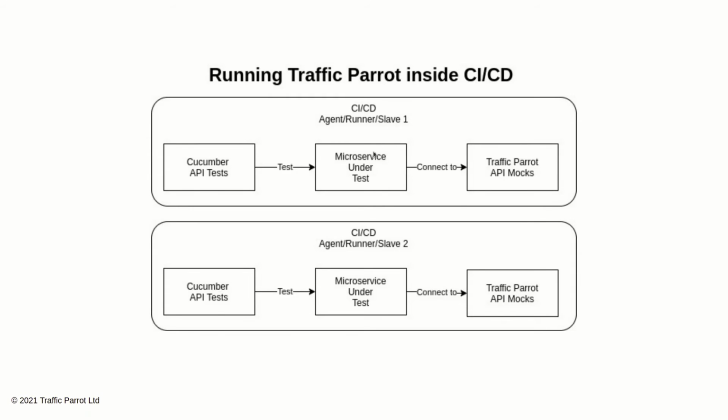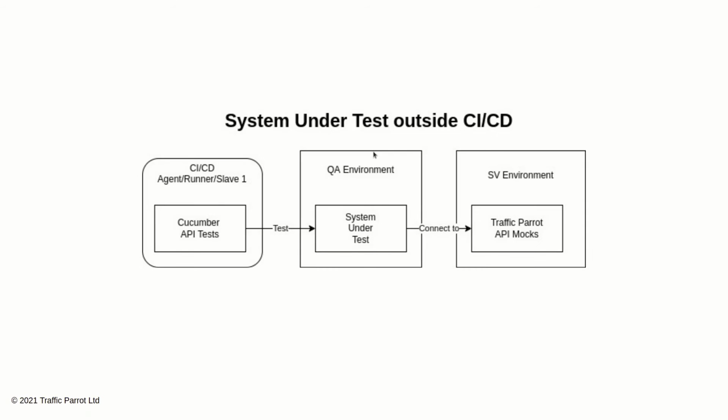But in some legacy environments, you're still going to have to run the system under test inside a shared environment. And it's not prepared to be run inside the agent or runner or slave for CI/CD. So in that case, you have not much choice. You have to run your API mocks and virtual services outside of CI/CD. Okay.